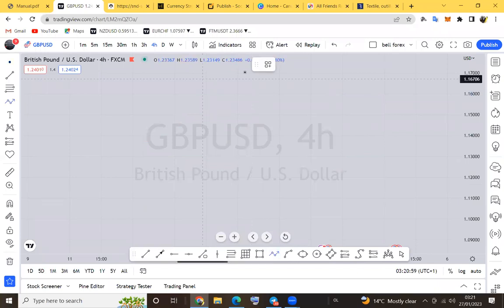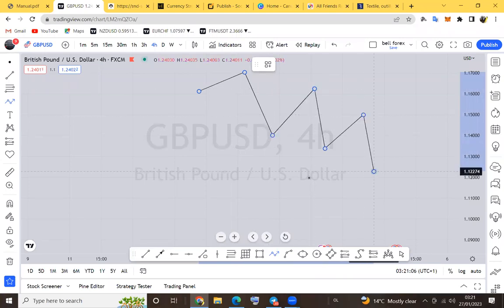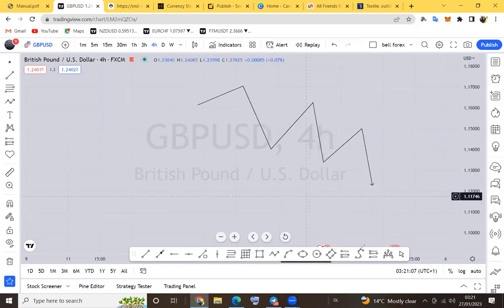the market is going to be forming lower heights and lower lows. It means that, let's assume this is A, this is A prime, and this is A prime plus. Now these are B, B prime, and B prime plus.